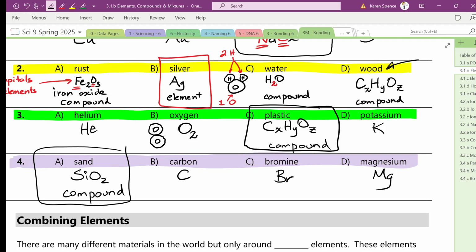There is another one that's like that, and that is bromine, which is also Br2. So we have a Br atom stuck to a second Br atom. Are those compounds or are they elements?